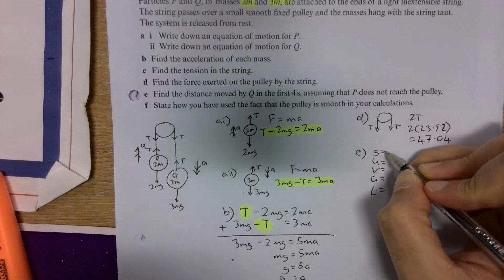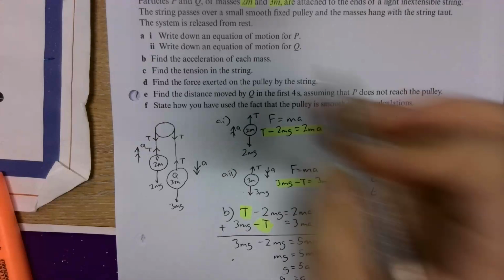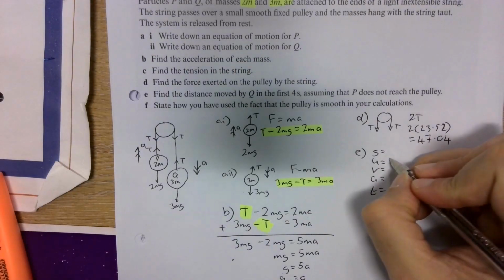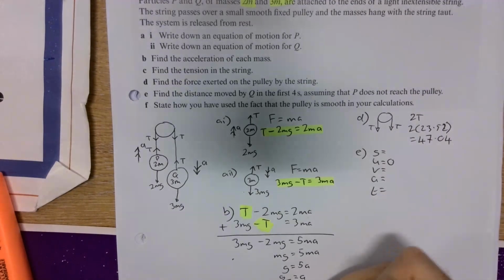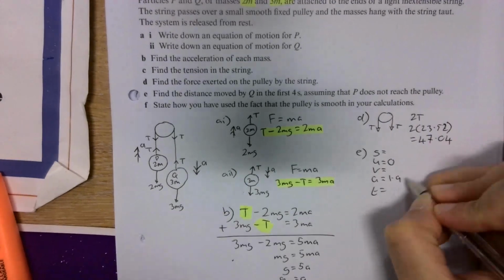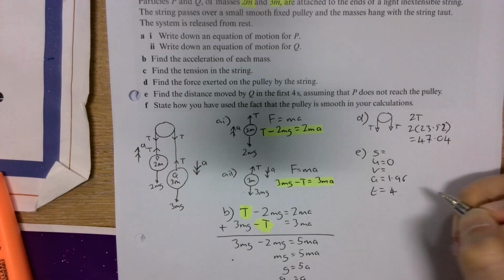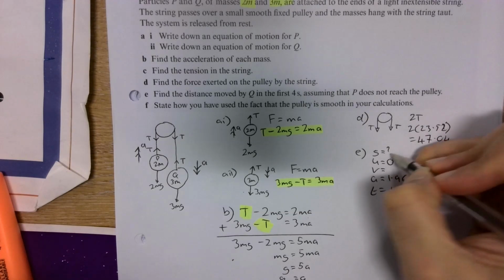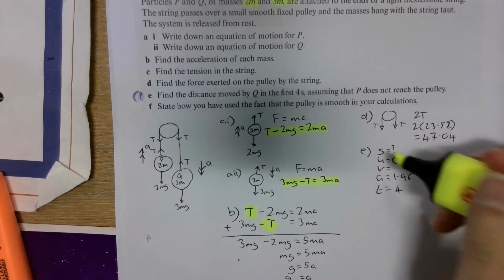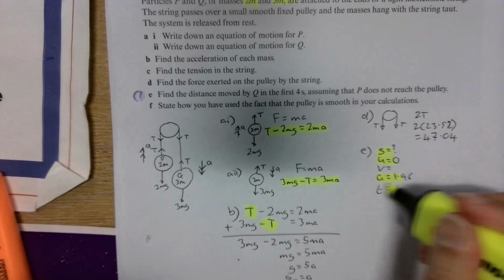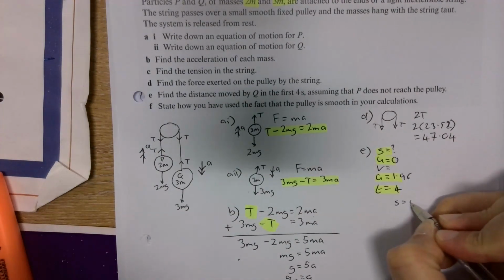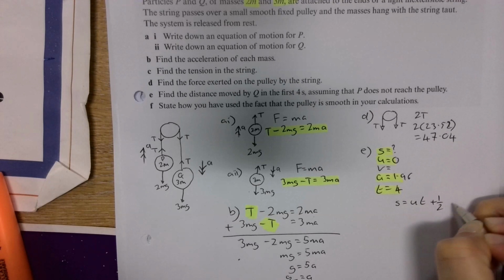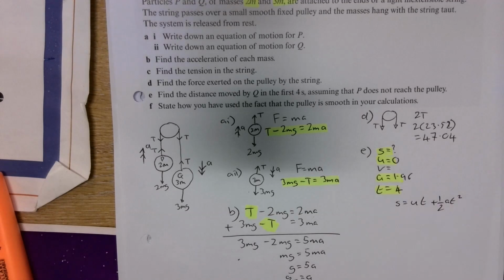U: remember this was released from rest, so U is 0. V, I don't know. I do know the acceleration is 1.96, and I'm being asked about the first 4 seconds. So I want to figure out S, and I know U, A and T, so I'm going to use S equals UT plus a half AT squared.